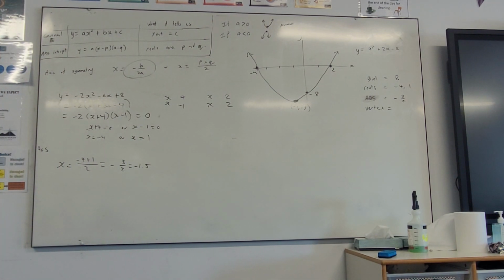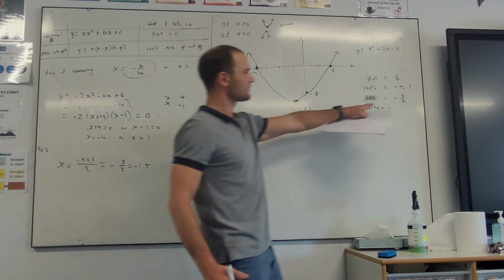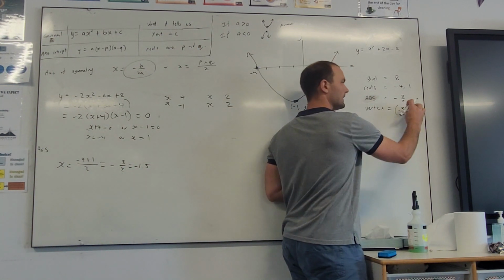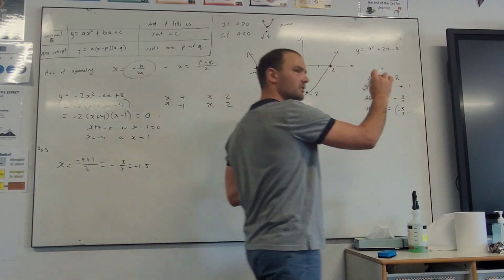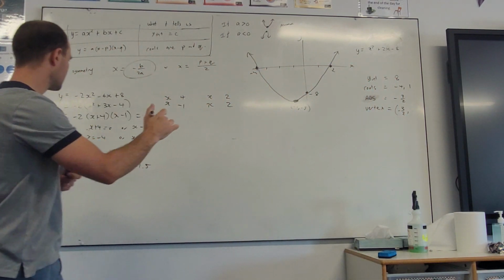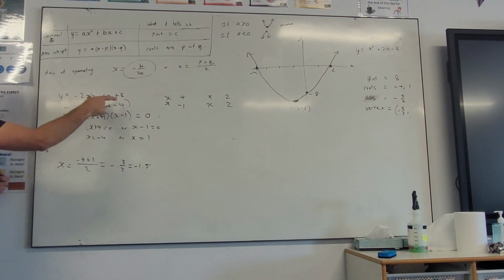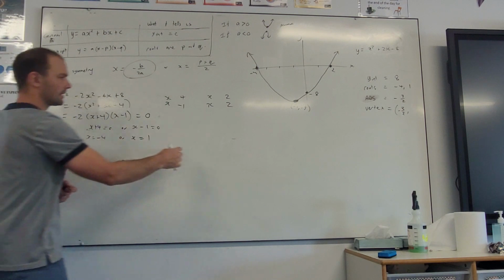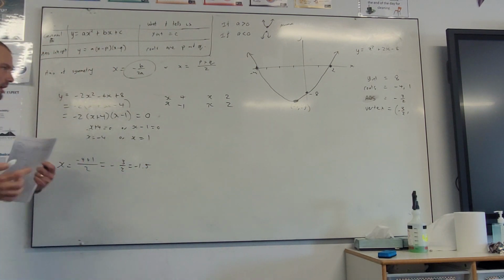Okay, next we need the y value, right? We've got the x value for the vertex, we need the y value. And so we need to put that into either of these forms. We can put it into the top one, or we can put it into the bottom one here. Both are going to be a bit clunky, so this is where we would use our calculator.